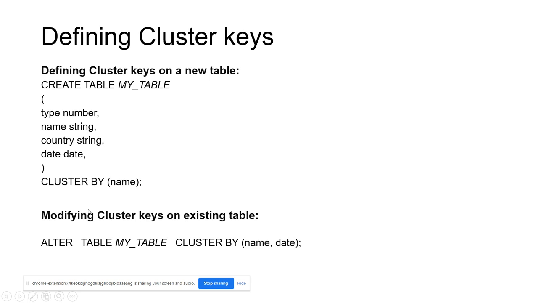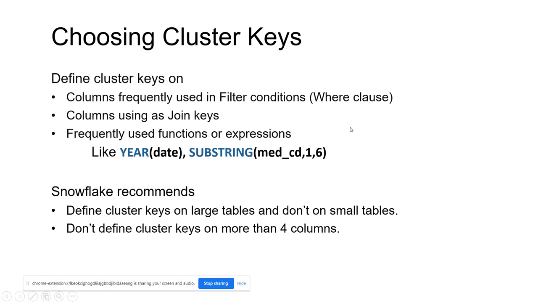So this is how we can define them: alter table name, cluster by, and the fields I want to apply the cluster keys on. Okay, so both ways will work. We can apply cluster keys at the time of creation of the table, or we can alter the table later to apply the cluster keys.